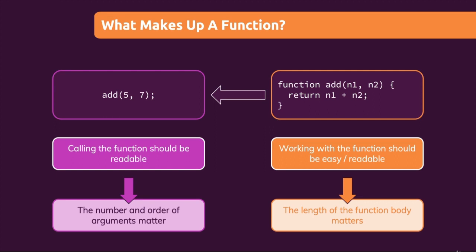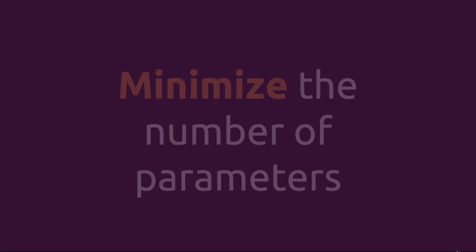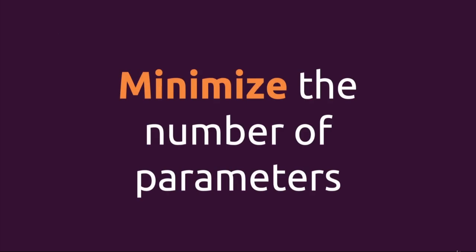Now, let's start with the left side here, with calling a function and with passing values for function parameters. And here, for writing clean code and for being able to call functions in a clean and understandable way, there is one simple rule. You should minimize the number of parameters your functions use.